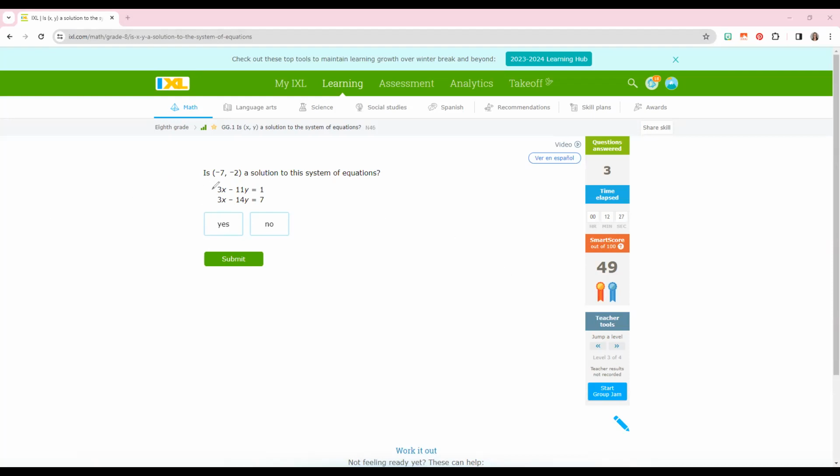But if we start with our first equation here, we're going to substitute -7 in for x and -2 in for y. So our first equation is 3x minus 11y equals 1. So it'll be 3 times -7 minus 11 times -2 equals 1.